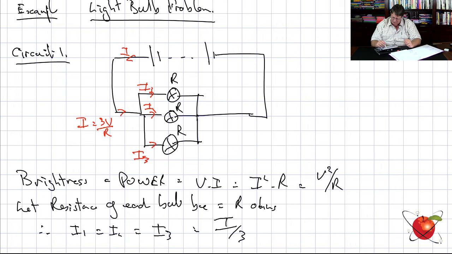The next section is to say, what happens next? The next set is what happens if lamp number 2 blows? Let's go and pop lamp number 2, shall we? Lamp number 2 is here, I was going to highlight that as lamp 2. That's going to be lamp 1, lamp 2, lamp 3.